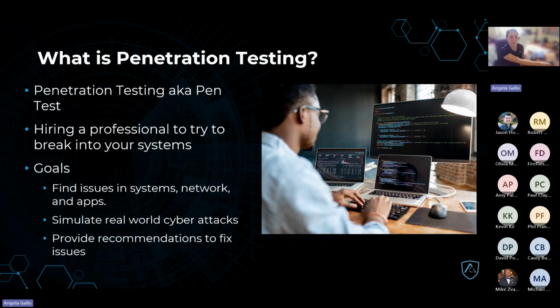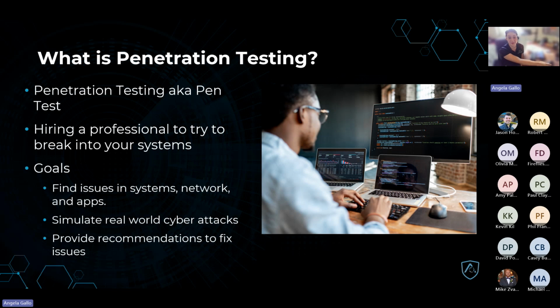So, pen testing is similar to vulnerability assessment in that it looks for gaps in your security posture, but we actually try to exploit them with a professional. A big difference is that vulnerability assessments are just scanned by a machine. Pen testing is done by a person that has knowledge of organizations such as yours and how to exploit and leverage different vulnerabilities.